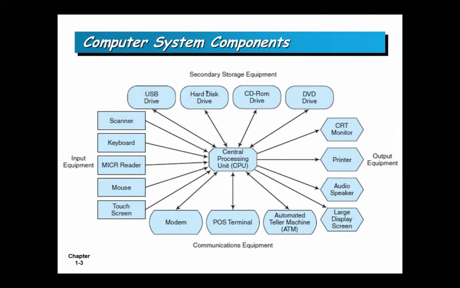Okay, so we think about the components of a computer. We saw on Monday, it's really input, process, output in some form. That's how all computer systems work. Input devices, we have some examples of input devices here, some examples of output devices here.